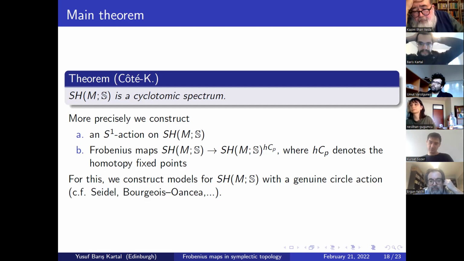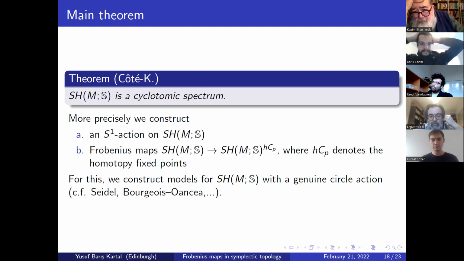In the models that we consider, the action is free, so there are no fixed points. So they cannot be the same, and that wouldn't give you the Frobenius maps that you want. So you get nothing from C_p fixed points when the action is free. Yeah. Okay, thank you.